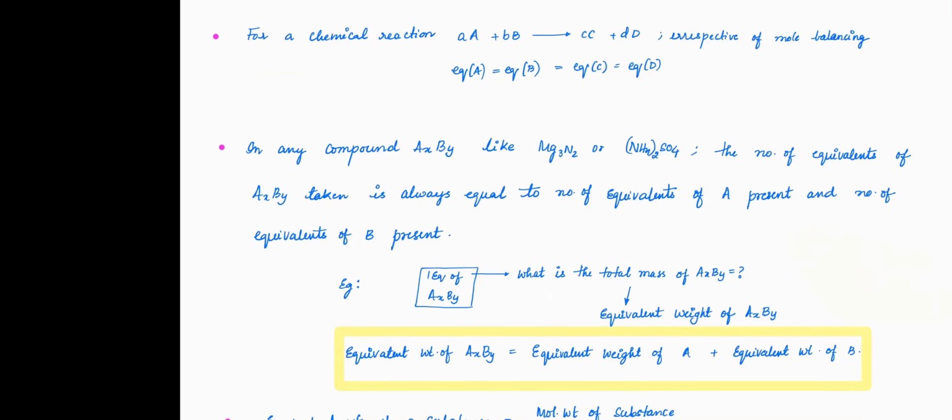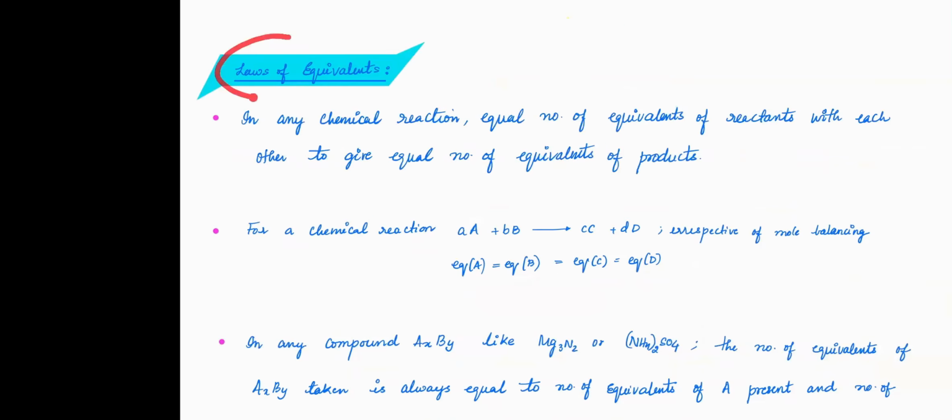That is called the number of equivalents. Suppose I calculated the equivalents of A by some method, then the equivalents of B, C and D, the amount which got reacted and the amount that got formed in terms of equivalents will always be the same. And this is called the law of equivalence.